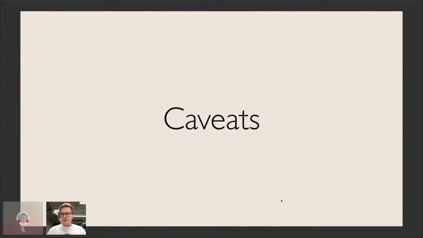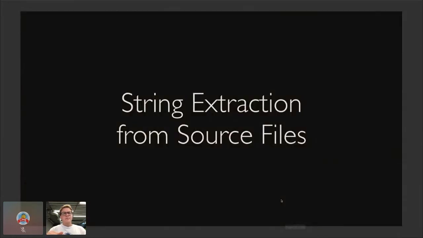There are some things, as I mentioned at the beginning, that are still not fully fleshed out in the string extraction and in the localization and internationalization parts in WordPress. The first thing is string extraction from source files. Nowadays in the modern JavaScript world, we have this super amazing, beautiful JavaScript code, and then we have a build step.